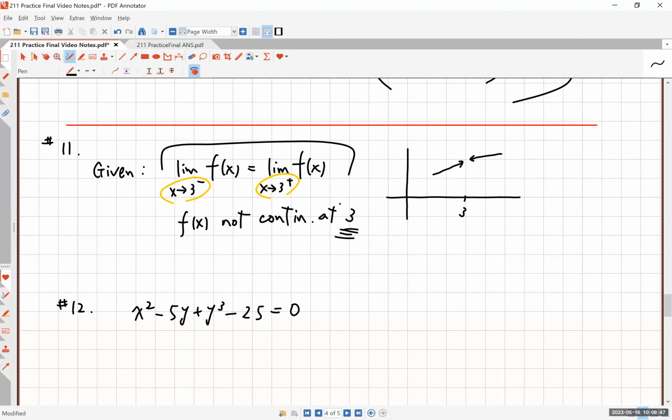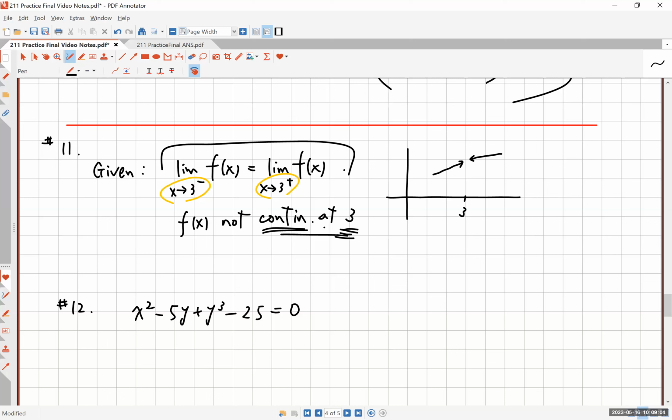And this limit value has to be equal to f of 3. Now, it's not continuous, so that last condition, the value equal to the limit, cannot hold if f is not continuous at 3.